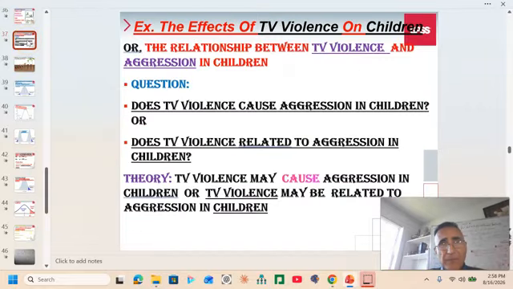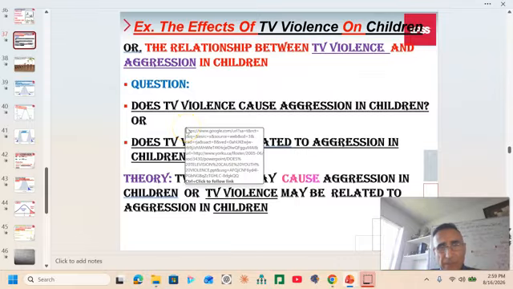For example, the effects of TV violence on children. The way you state your hypothesis calls for different types of research. If you say the relationship between TV violence and aggression in children, well, right there, the relationship, this is correlational research. It's nothing about cause and effect.